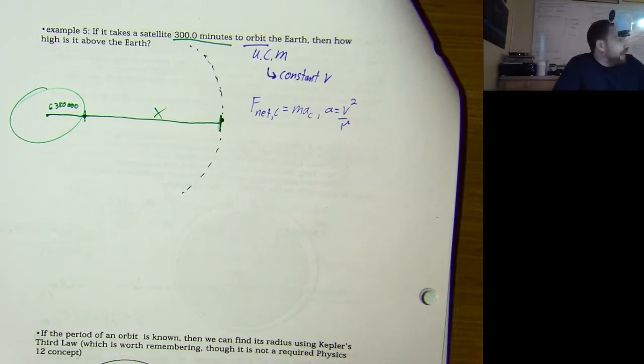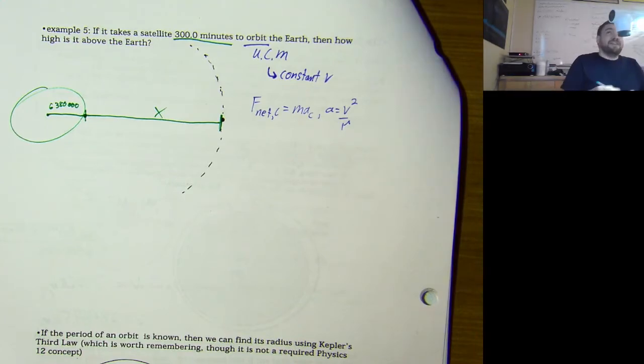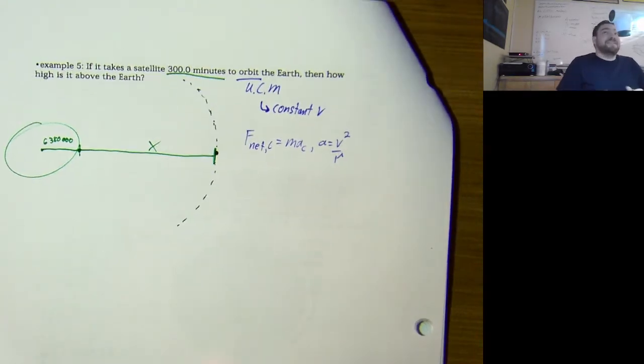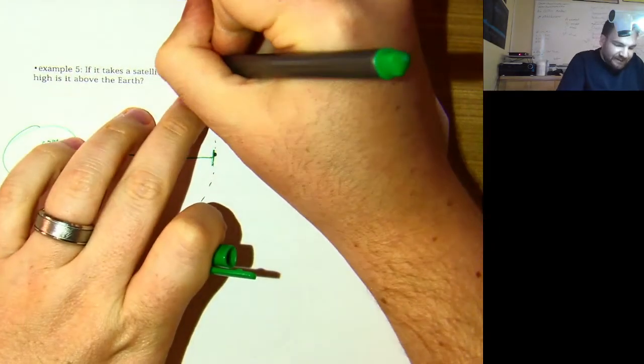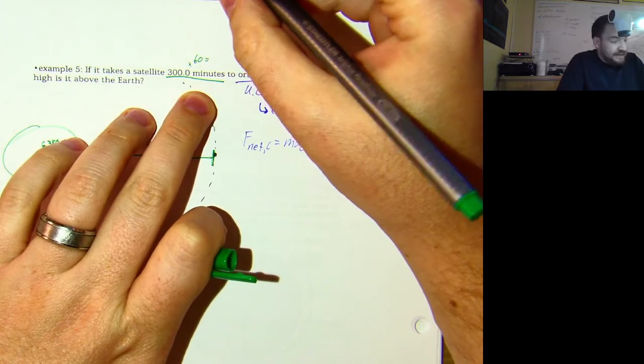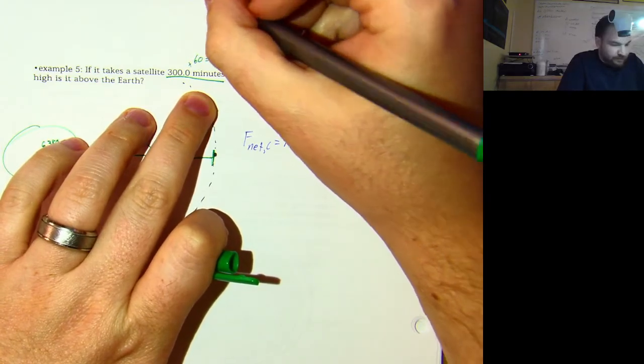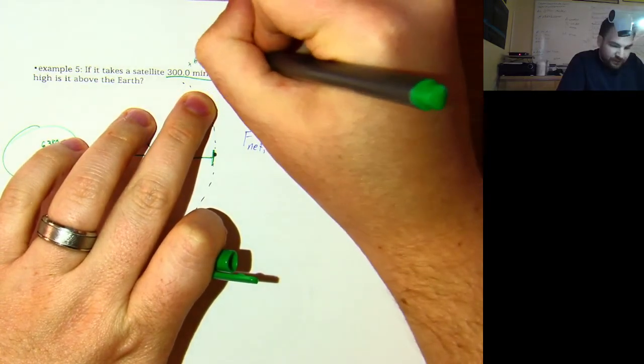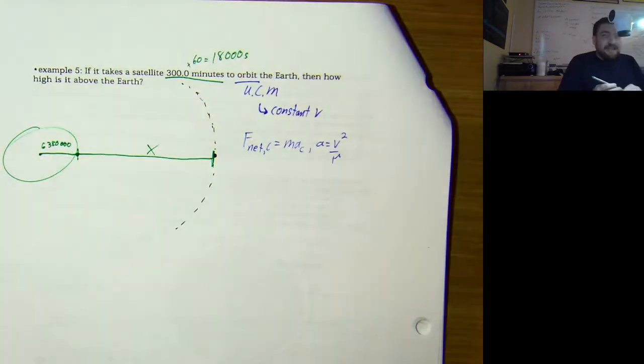They've given us something. What's the only piece of information they've given us? The time. They gave us the time in minutes. We don't want time in minutes, we want time in seconds. We're going to multiply that by 60 right away. 6 times 3 is 18, and then we're going to add 3 zeros to it: 18,000 seconds.